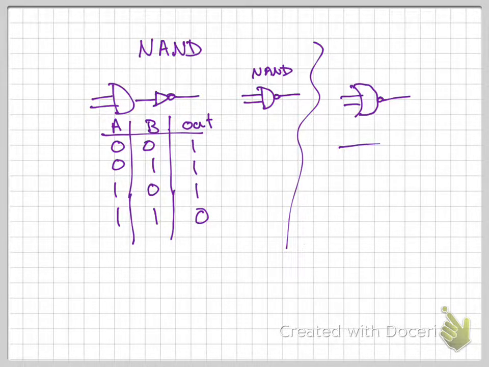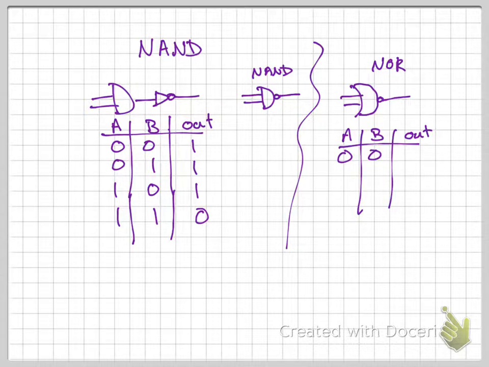The NOR gate has a truth table of: if A or B are high, then the output is not high, because it's NOT OR. So 0, 0: A or B are not high, so the OR function would be a 0, so the NOR function would be a 1.